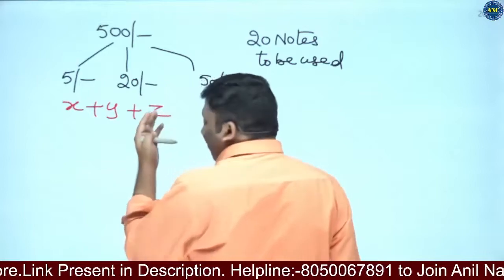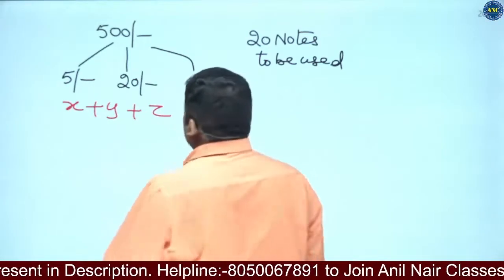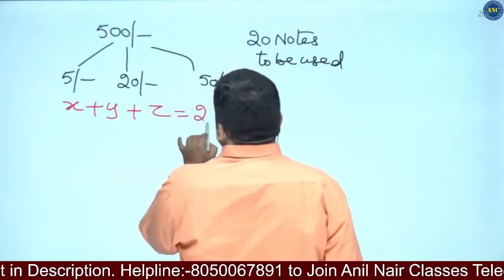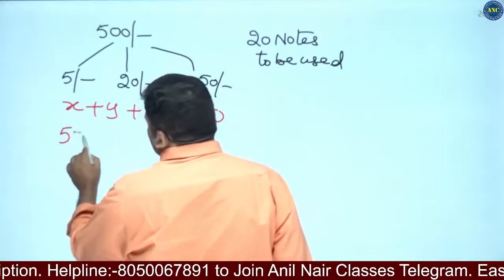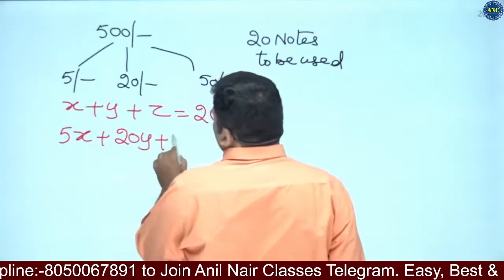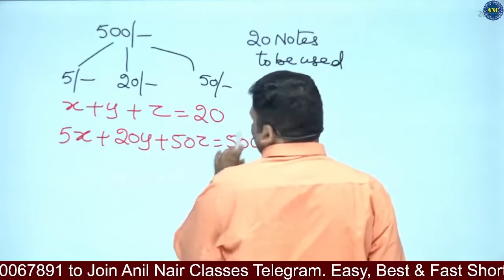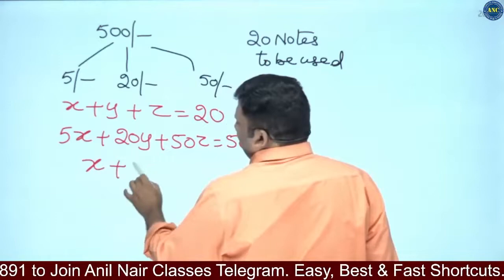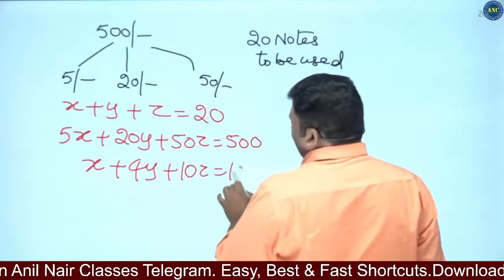The number of 5 rupee notes I am using is x, 20 rupee notes is y, 50 rupee notes is z. x plus y plus z is 20. Total money is 5x plus 20y plus 50z equals 500. So this will become x plus 4y plus 10z equals 100.